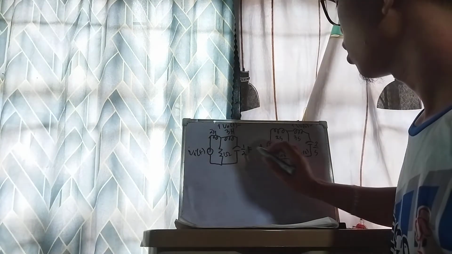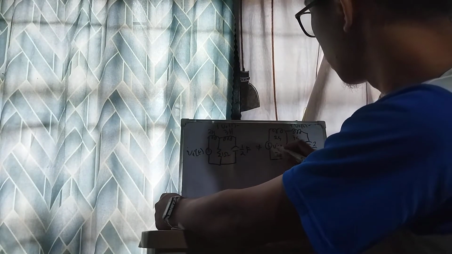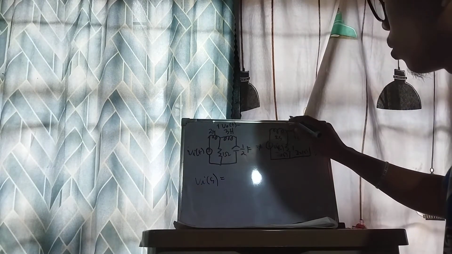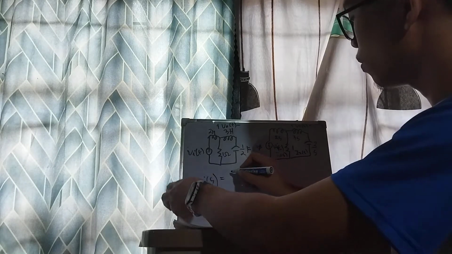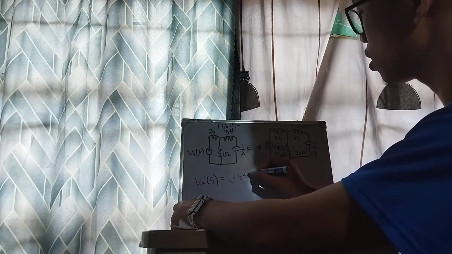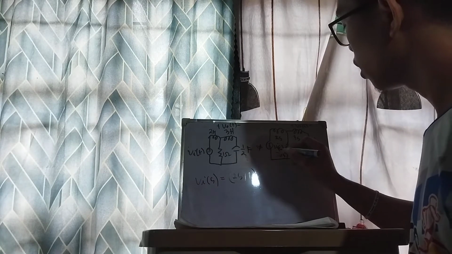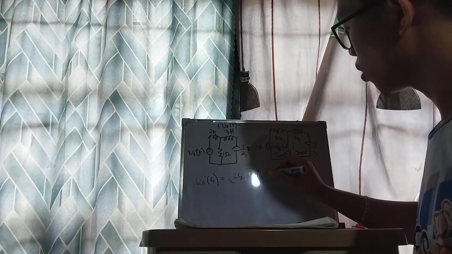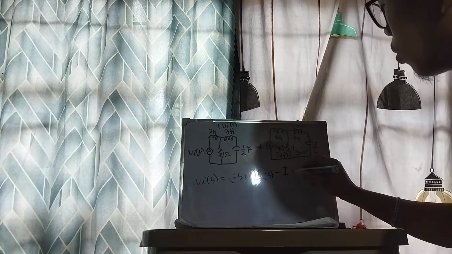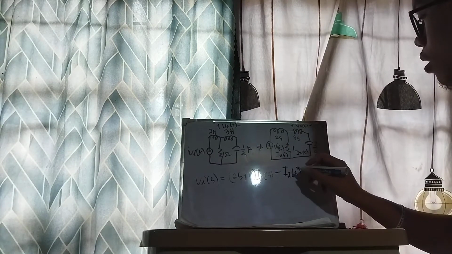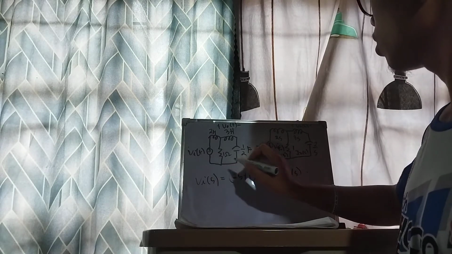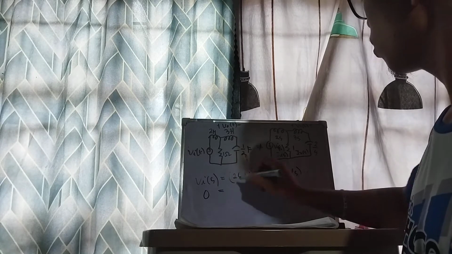For the first mesh, VI of S is equal to 2S plus 1, times I1 of S, then minus I2 of S for the right side of the network. Then the second mesh is equal to 0.